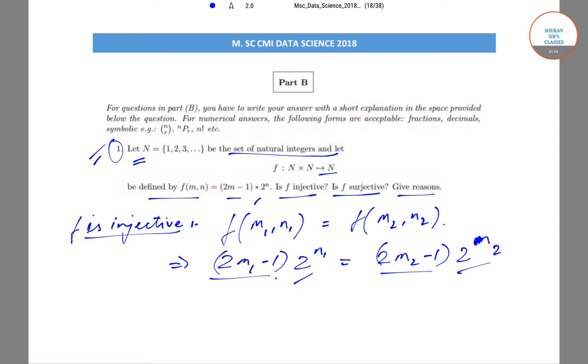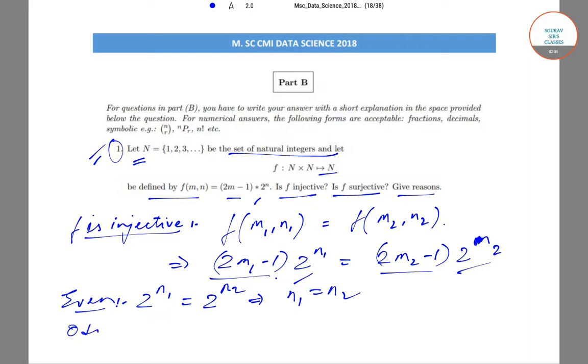So that basically means that the odd part must be equal to the odd part and the even part must be equal to the even part. So for the even part, 2 to the power n1 will be equal to 2 to the power n2, and this implies that n1 will be equal to n2.